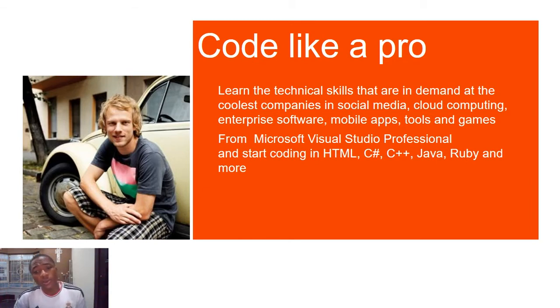In case you know HTML, C#, or C++, or Java, Ruby, or Python, you can use Microsoft Visual Studio, which is part of the applications that come with Dreamspark, to activate your skills learning. And also, if you have Microsoft Visual Studio, you can code like a pro. So some of us who use tools like Notepad++, you can also use Microsoft Visual Studio to do pretty much everything you do on Notepad++.